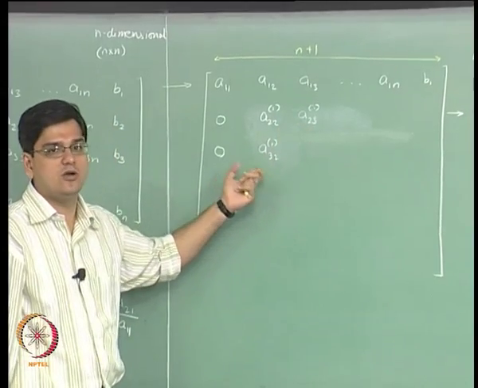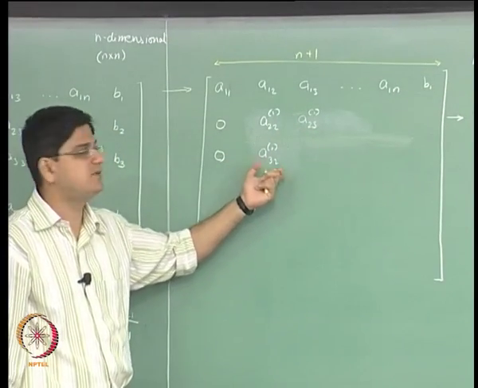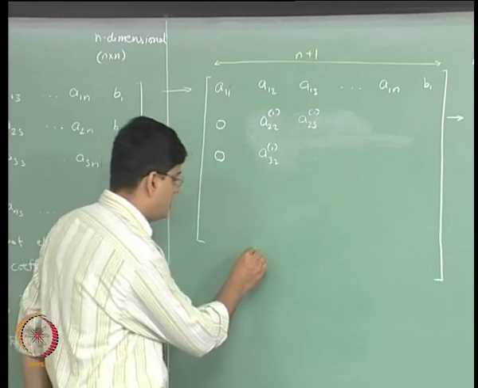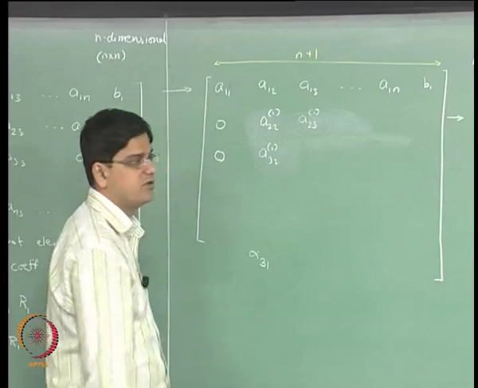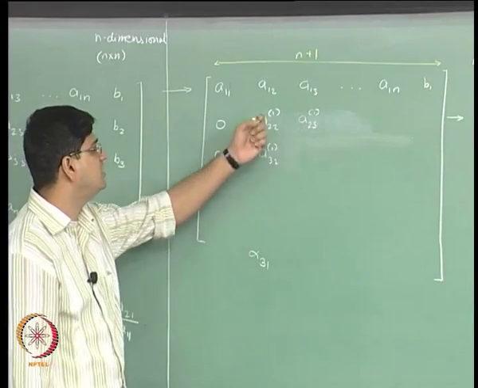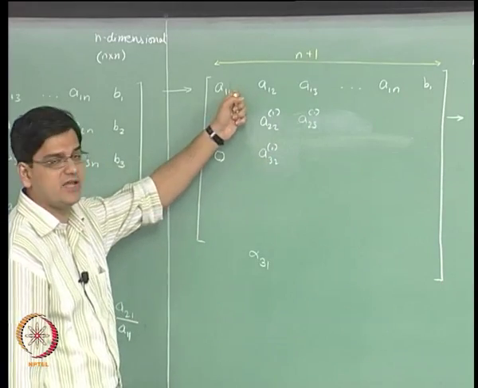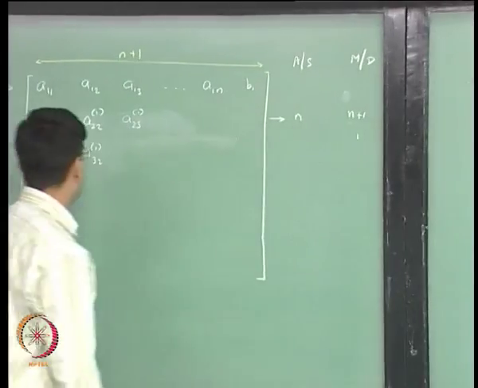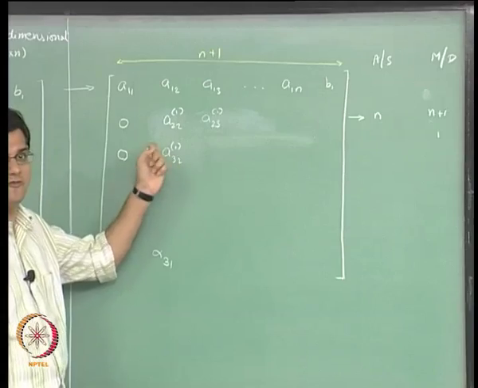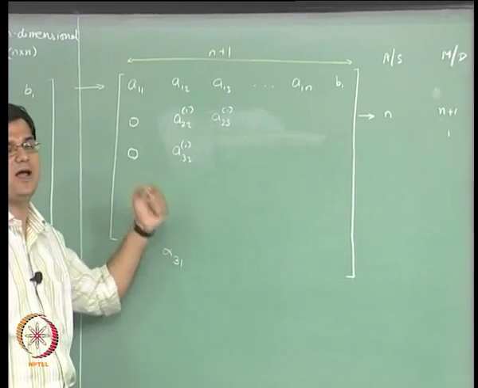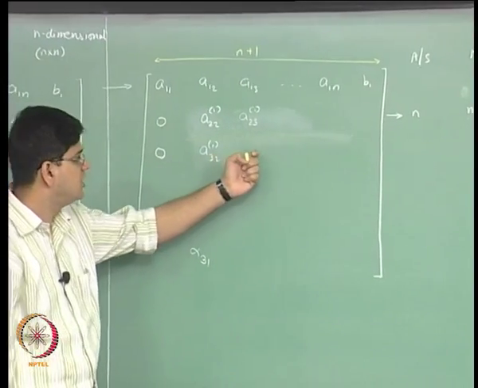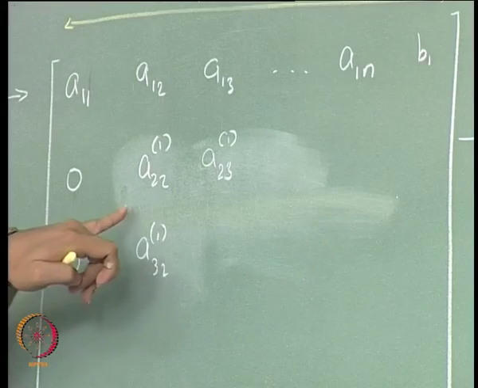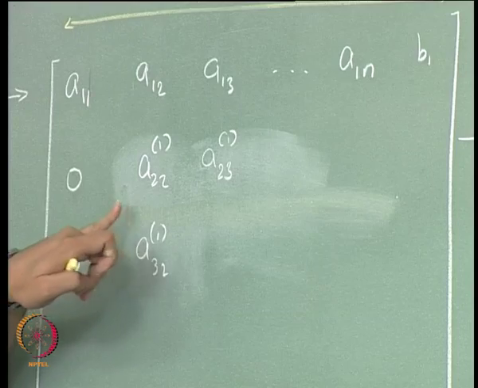So, we need one computation again in computing alpha 31, which is nothing but A31 divided by A11. Okay. So, that is one multiplication and division step, and then to get A321 we will have one multiplication step and one addition step. Here we will have one multiplication, one addition step, so on and so forth, exactly in the same manner as we had it for row number 2.